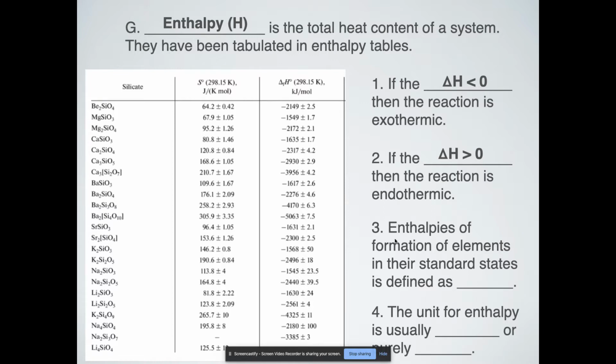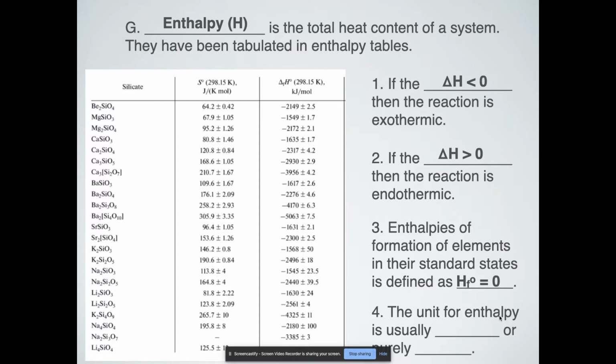Well, we're talking about nuclear reactions at that point, right? We're not talking about really heat content changing. So enthalpies of formation of elements in their standard states are defined as being equal to 0. That's just a standard way of making everything equal, and so you'll see a lot of times that pure elements are excluded from enthalpy tables.